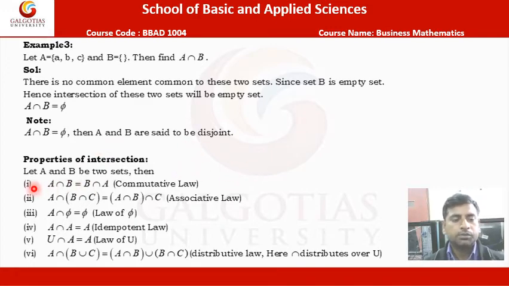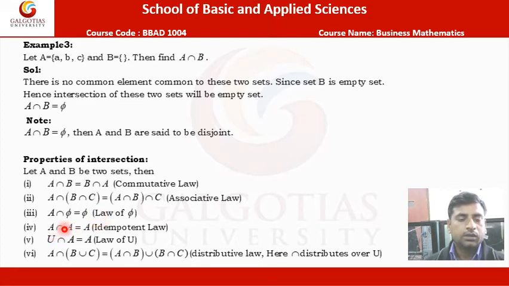Here are some properties of intersection. Let A and B be two sets, then A intersection B equals B intersection A, that is the commutative property. Second one is the associative property. Third one is the law of identity. That means if we take the intersection of any set with respect to phi, we will always get phi, that means the empty set.